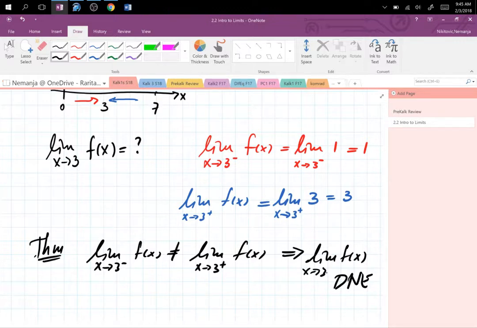Now, you might say, well, wait, x is different because this is 3 minus, this is 3 plus. No, no, no. This is still 3 and 3. The minus and plus are telling you about the infinity of the points. So this minus means we calculated infinitely many points to the left, and this plus says to the right, but it's still a 3 and a 3. 3 is a single location on the x-axis. We know exactly where 3 is. And those minus and plus are not negative and positive.